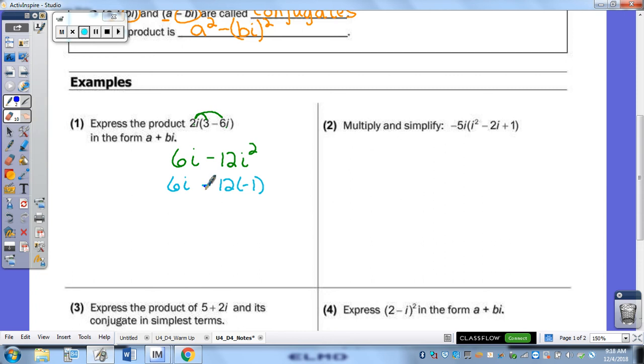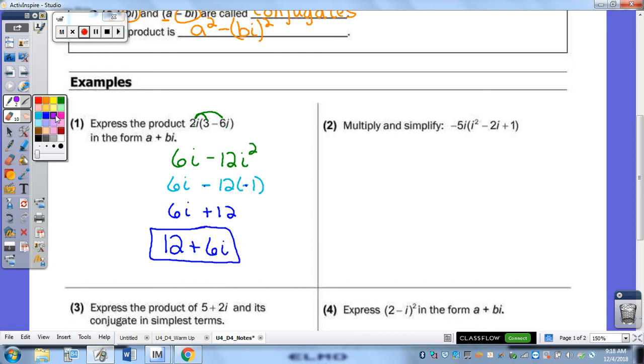So -12 times -1, just make that turn positive. And we still got that 6i there. But remember, that's not our correct complex number form. We just have to switch this now. 12 has to come first. 6i has to go last. Your i term always goes last.